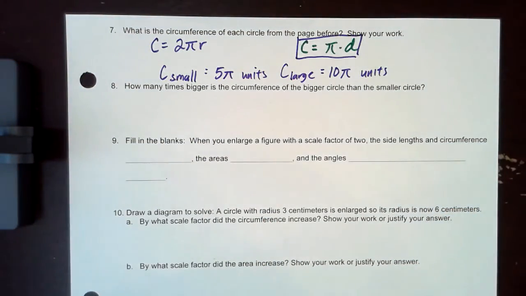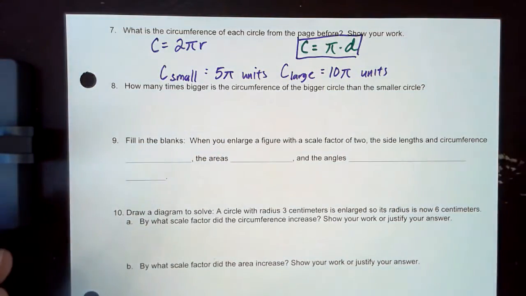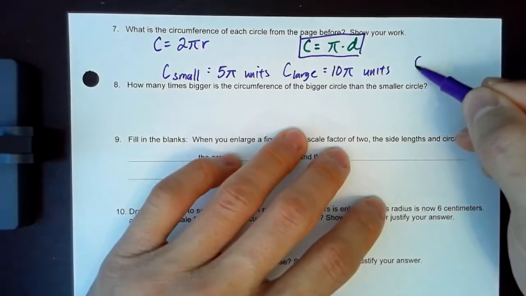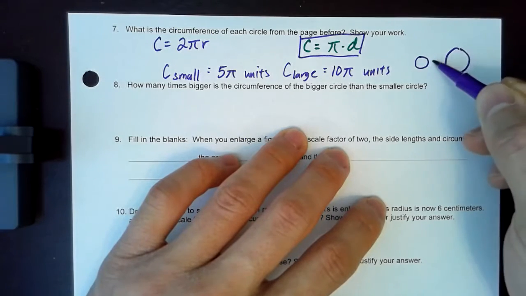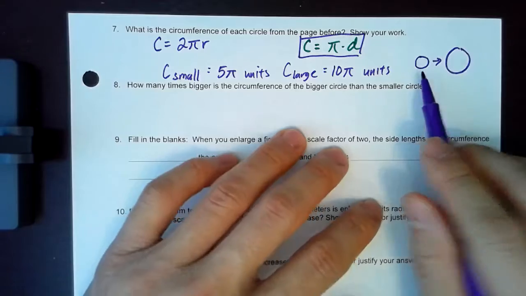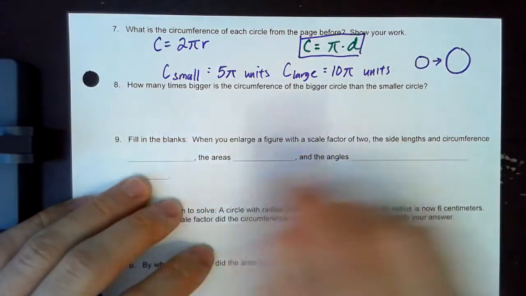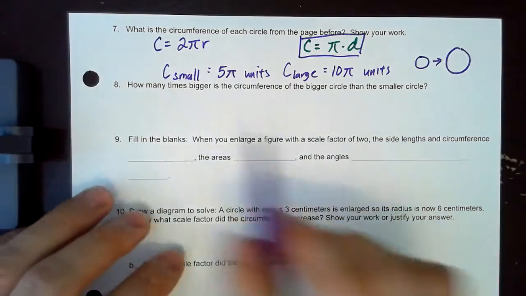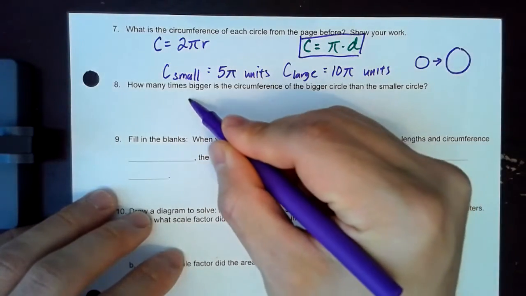So the theme of the lesson really is why was the circumference 2 times larger? Right? The overall circumference is kind of like 2 times larger, but the area was 4 times larger. Keep thinking about that. We're about to answer that. How many times bigger is the circumference of the bigger circle than the small circle?